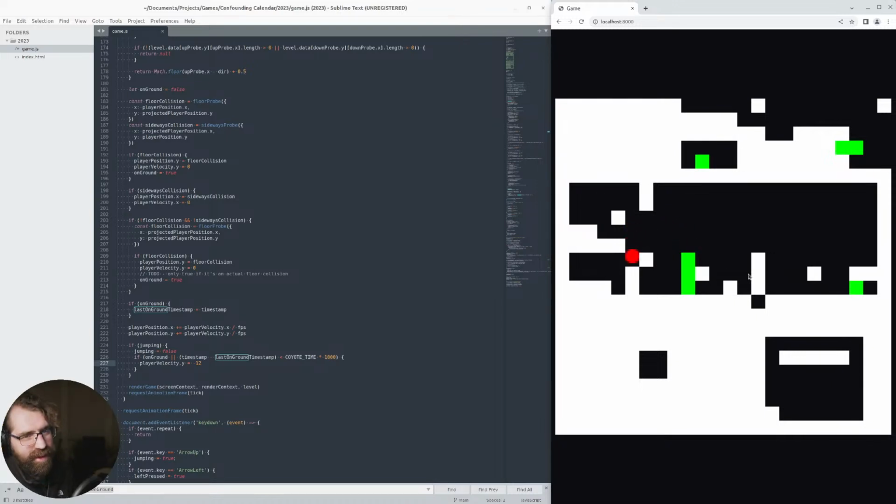Okay, so I was thinking about this problem, the problem of trying to slot into that gap and what my solution would be, and I think I'm just going to do it as a special physics check that's going to happen. What I could do is shoot out two other probes closer to the center of the player. So one sticking out here, one sticking out here. Obviously that doesn't mean I should just go straight into that space.